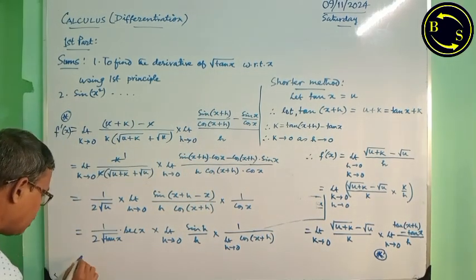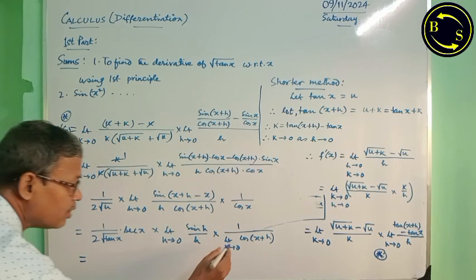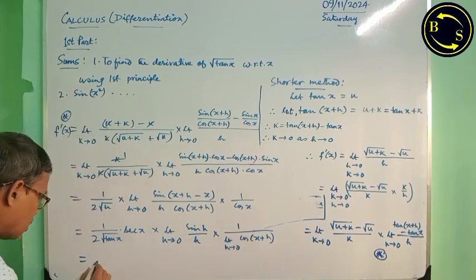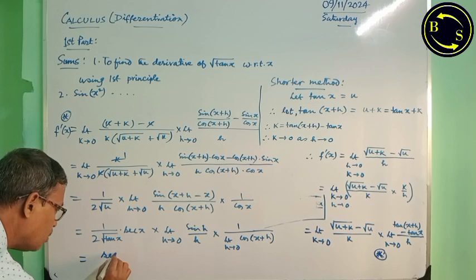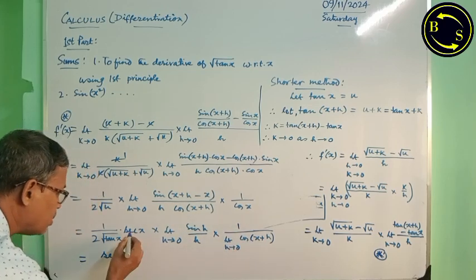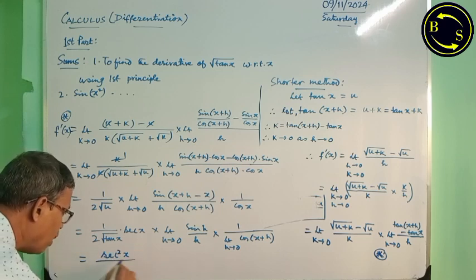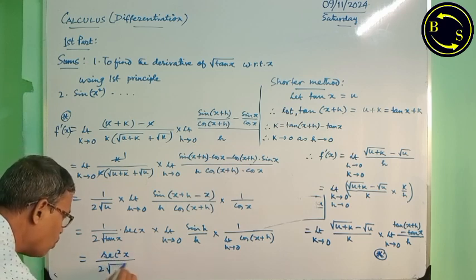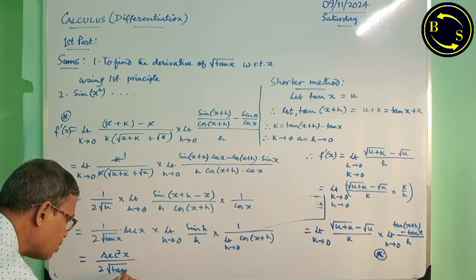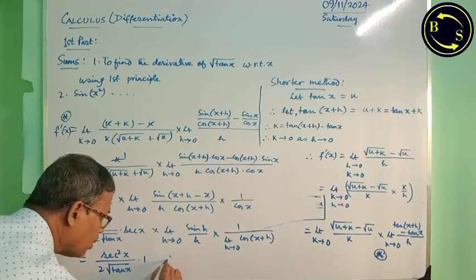Therefore finally the value of this one is 1, and this one is 1 by cos x, therefore from here we get sec x. Sec x into sec x means sec square x by 2 root over tan x, into 1.